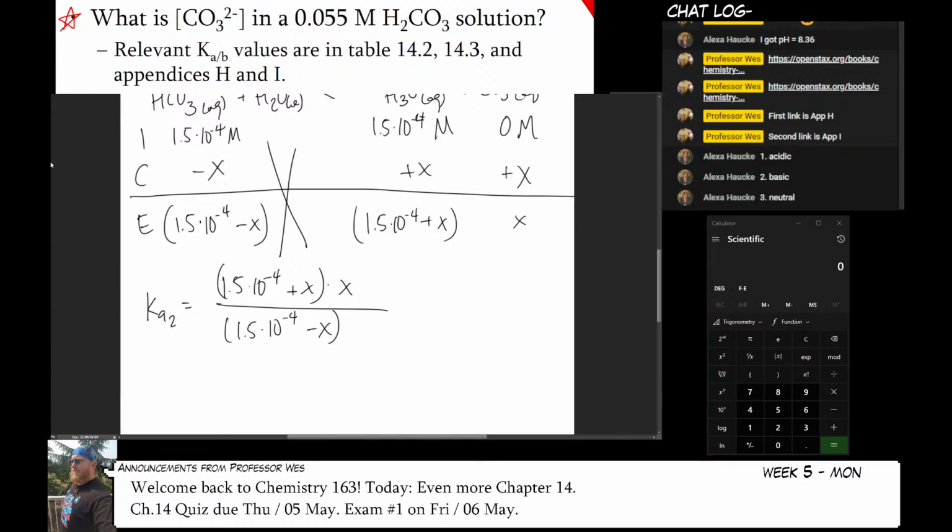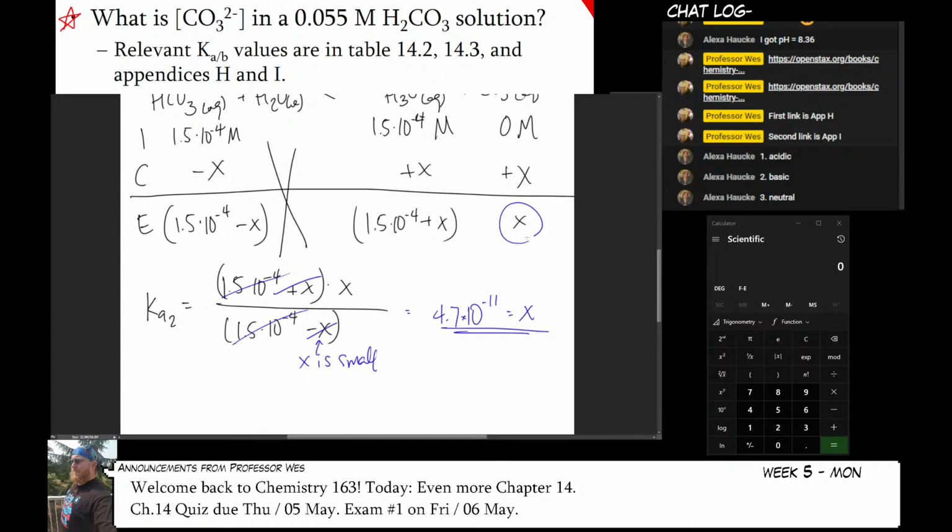And we'll assume x is small because Ka2 for this is 10 to the minus 11. So if I do this and I say x is small, then I have a number divided by itself, and so those will cancel out too. And so x would be Ka2, which is 4.7 times 10 to the minus 11.